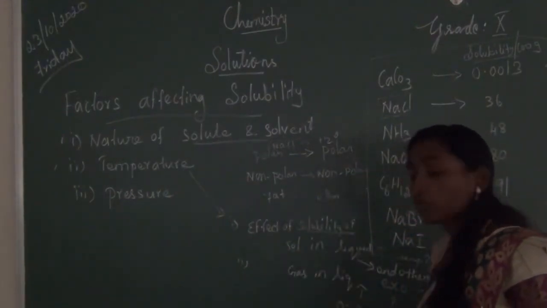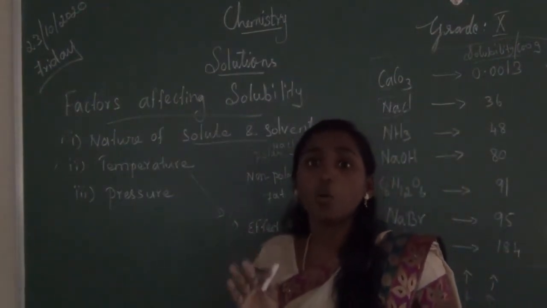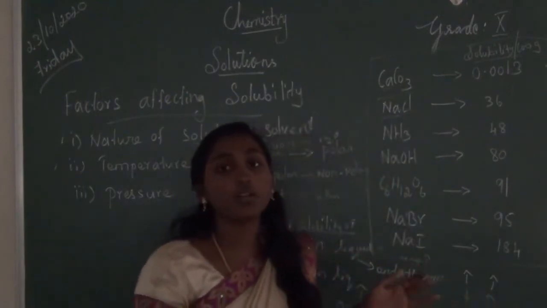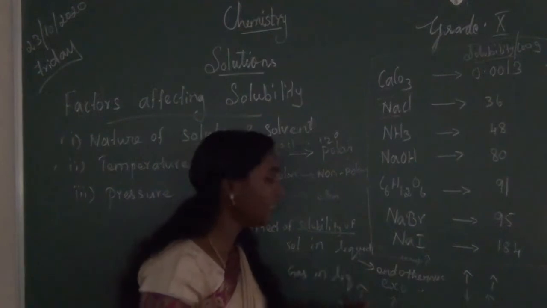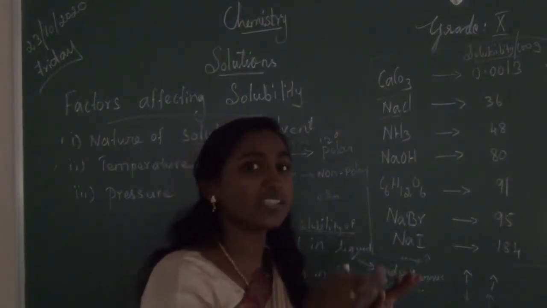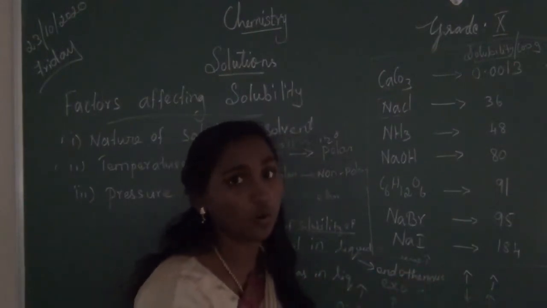Then we studied aquatic animals. Why do aquatic animals live more in cold regions? This is a 2 mark question. Because in cold regions, more dissolved oxygen is present in the water, so aquatic animals live more in cold regions.